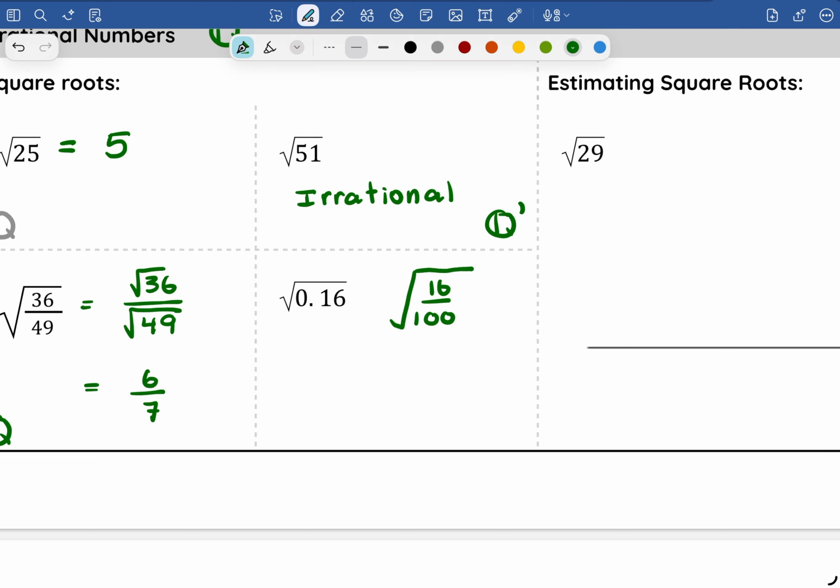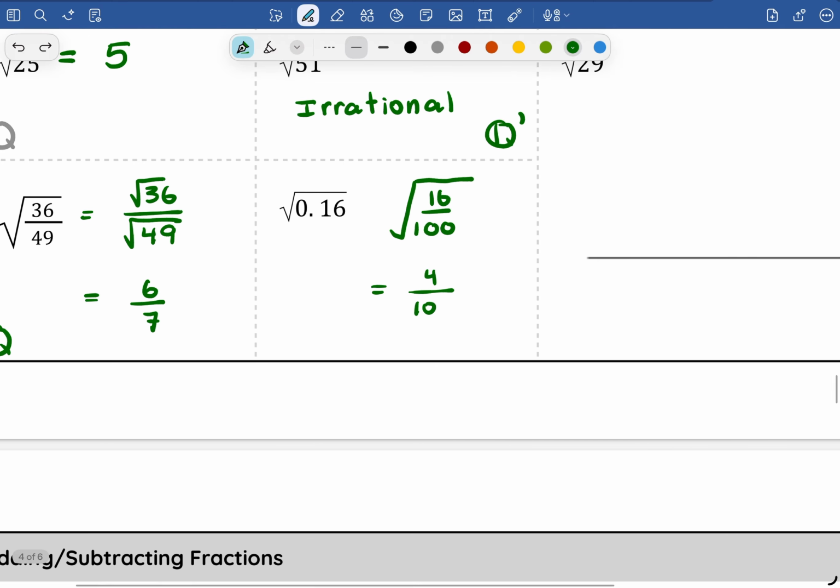And now we can say, okay, this is starting to look a little bit nicer. What is the square root of 16? 4. What is the square root of 100? 10. Oops, too many zeros. There we go. And could we simplify that? Yeah. They're both divisible by 2, so this actually gives us 2 over 5. In either case, it does show us that it's a rational number.